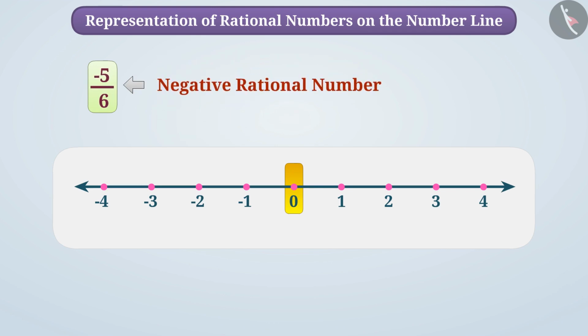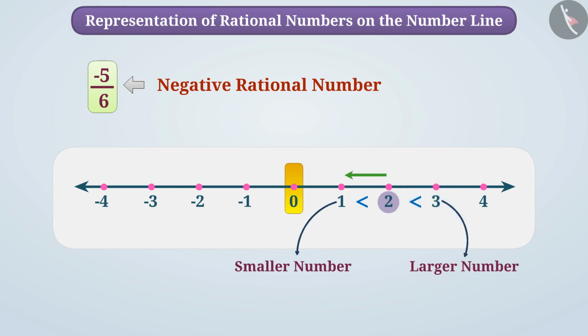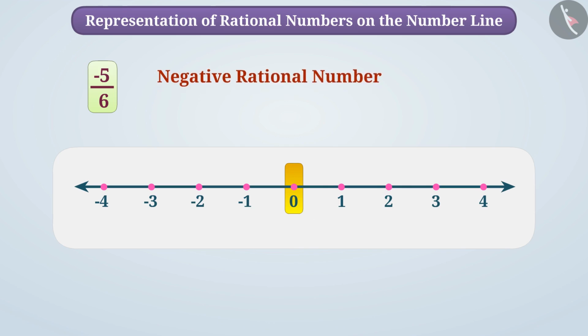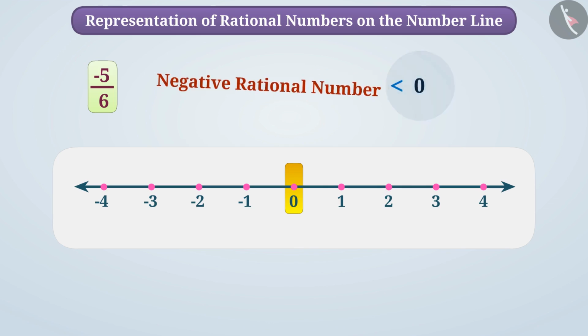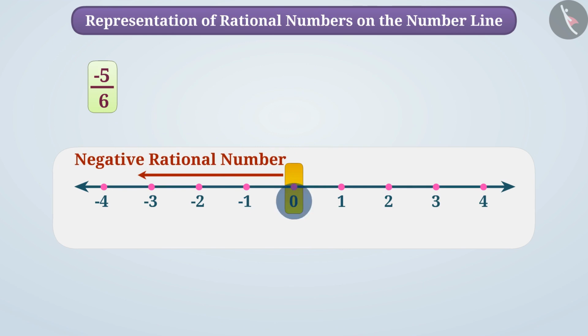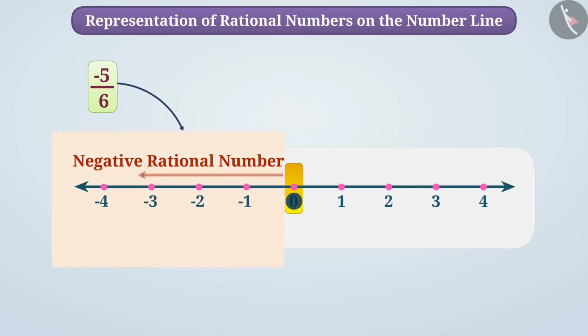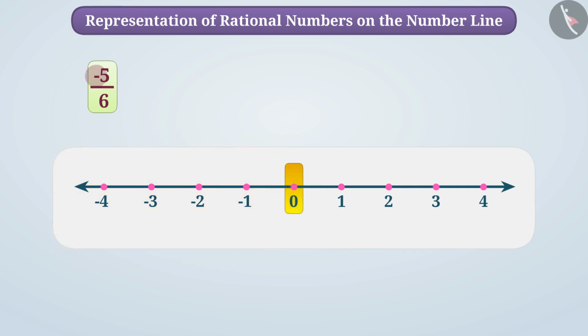We know that on a number line, a number smaller than a number is represented on its left side and a larger number on its right. Since the values of all negative rational numbers are less than 0, their positions are to the left of 0. Therefore, the position of minus 5 by 6 will also be on the left of 0. Let's ignore the minus sign for a while.